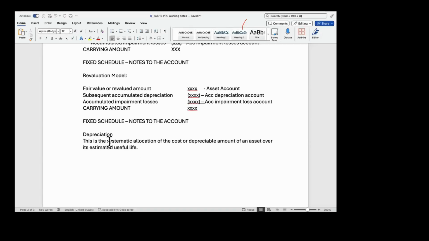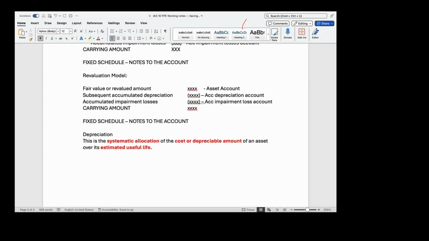So there are three things here from this definition of depreciation. The first thing is systematic allocation. The second is cost or depreciable amount of an asset. And the third is estimated useful life.